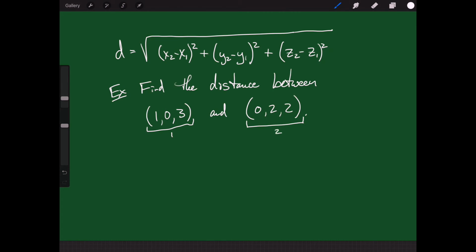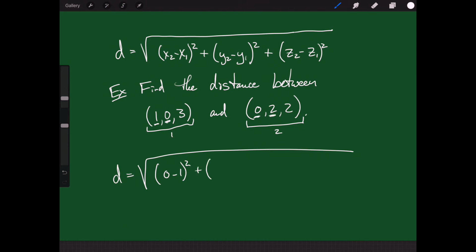This will be point number 2. And so the distance between those 2 points is the square root of (x2 minus x1), so here's x2, here's x1: (0 minus 1) squared, plus y2 minus y1: (2 minus 0) squared, and then z2 minus z1, which is (2 minus 3) squared.